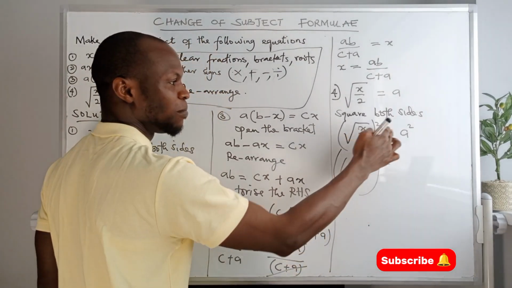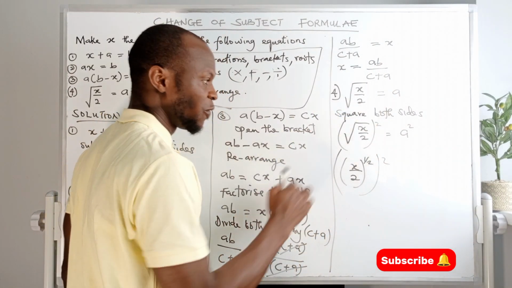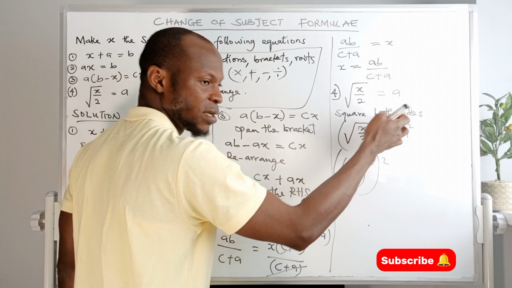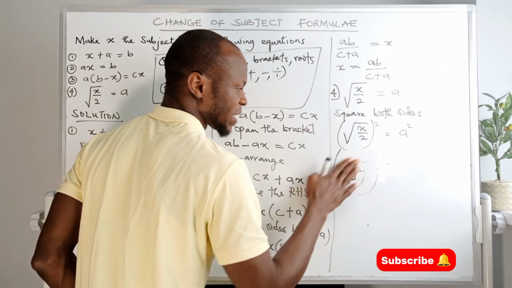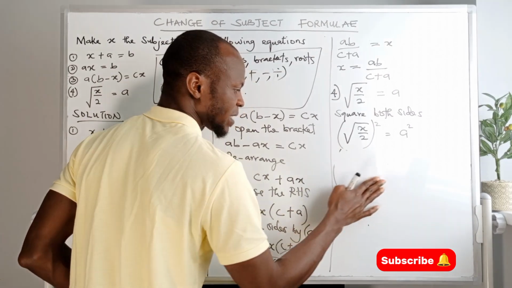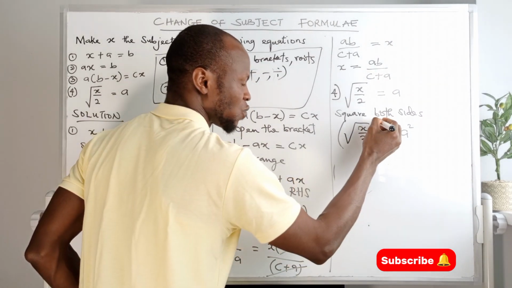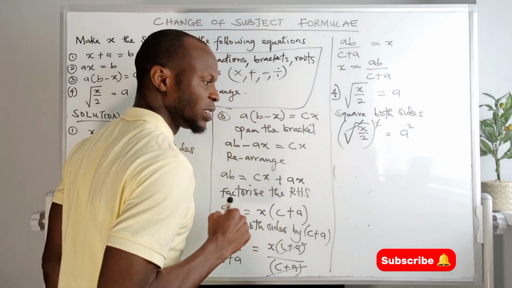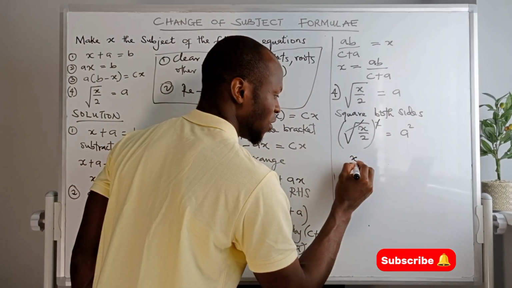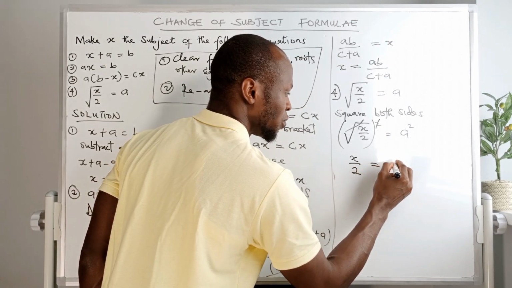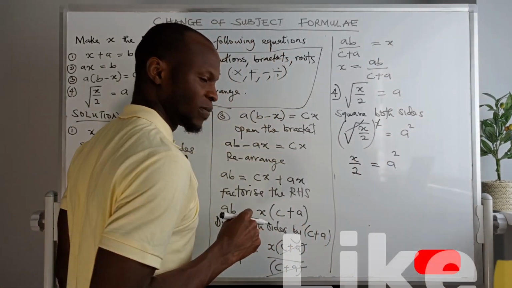So that is why I'm removing it by square. So if it is cube root, I'll remove it by cube, okay? So if I remove this, automatically, this square is cancelling this square root, okay? So I have my x over 2 equals to a squared.